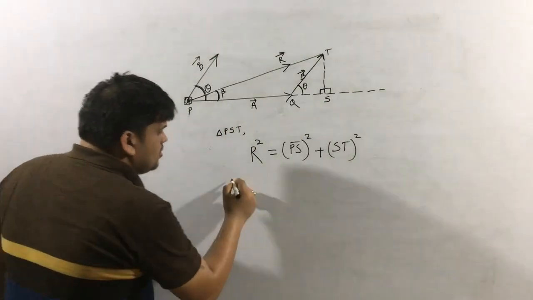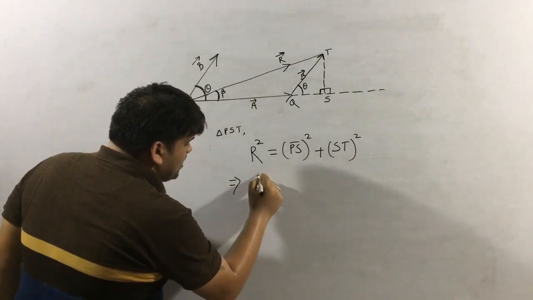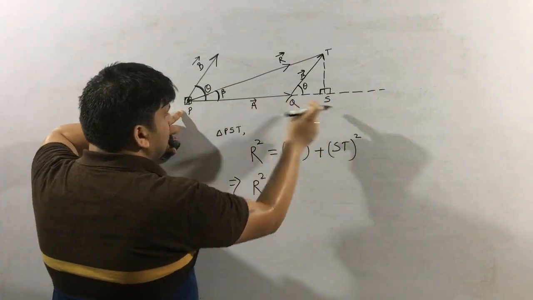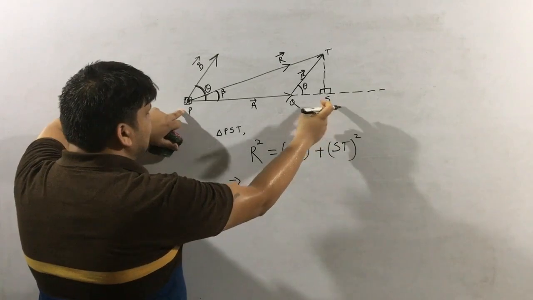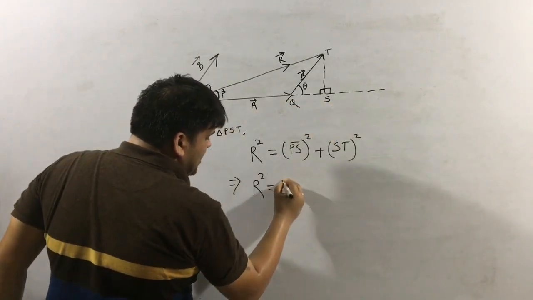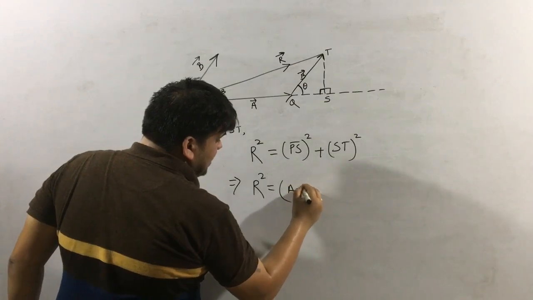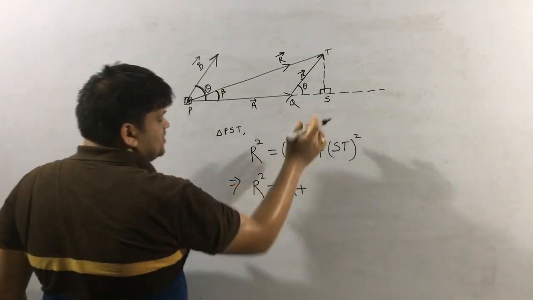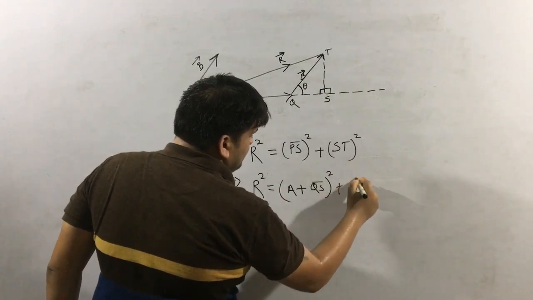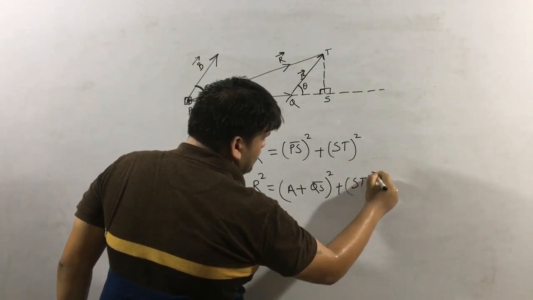Now R square equals PS, from here to here. PS I can write as A plus this much. Yes or no? So PS is A plus this much, that is QS, side square plus ST square.